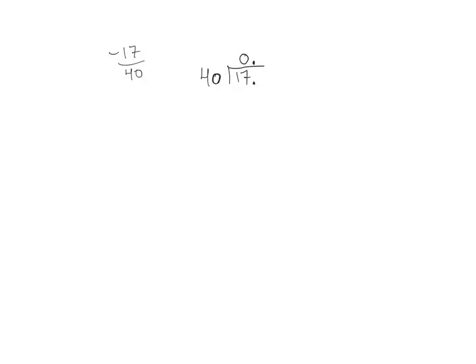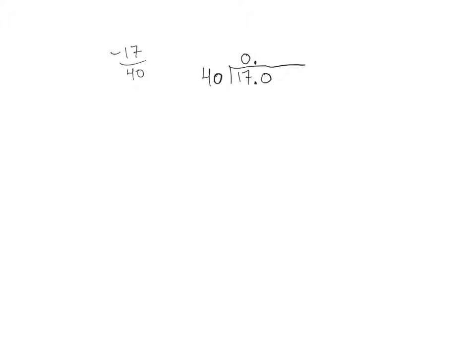And like last time, we're going to need, oops, I accidentally shifted. Let me shift that back over. All right, let me go ahead and include a 0 placeholder. So the big question is, how many times does 40, let me get my highlighter, go into 170?